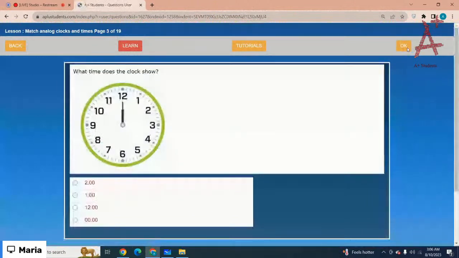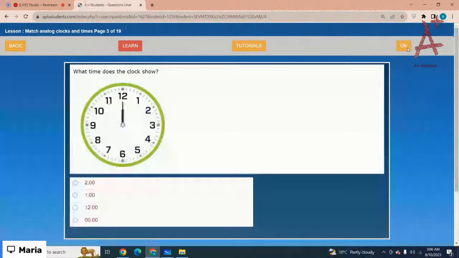What time does the clock show? Which is the correct option? The hour and the minute hand both are pointing to 12.